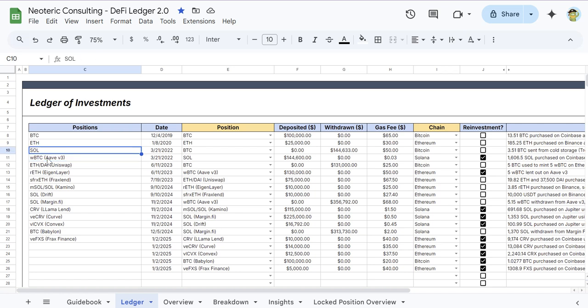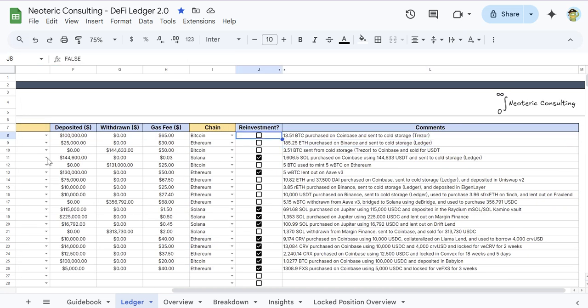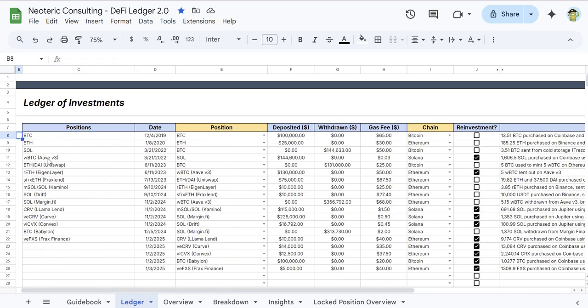And if you want to have naming conventions that are more comprehensive, in the sense that I don't know exactly where this Bitcoin is residing, well, in comments, I can say it's in cold storage, but if I want to have here BTC and in brackets Trezor, well, feel free to do that.